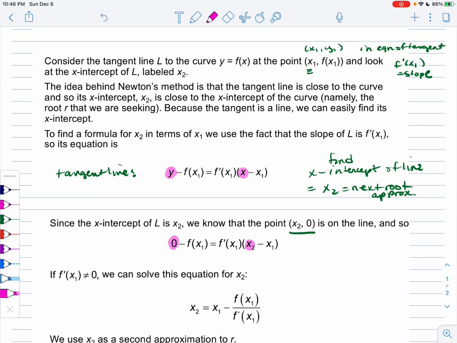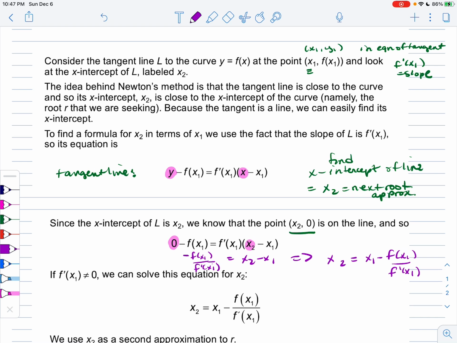So if we're going to solve for x2 here, clearly we can divide on both sides by f prime of x1. And so we would have f of x1 divided by f prime of x1, and that's going to actually equal x2 minus x1. And then that's going to imply if I added x1 to both sides, I would get that x2 is going to equal x1 minus f of x1 over f prime of x1, right?